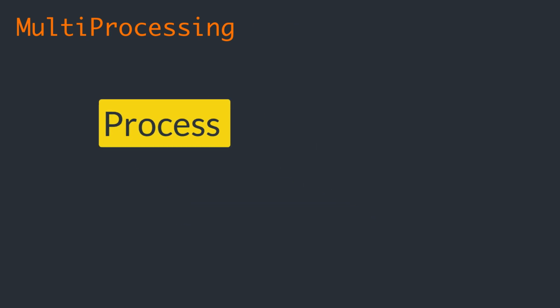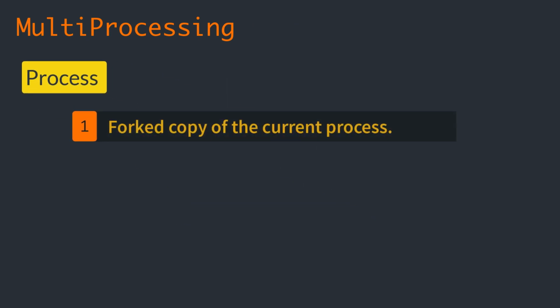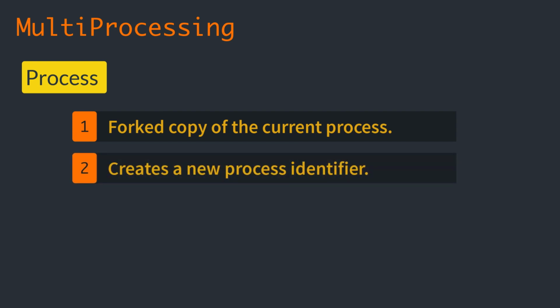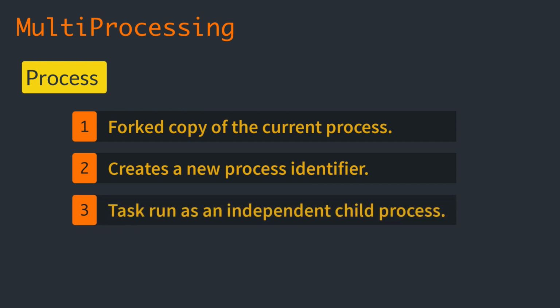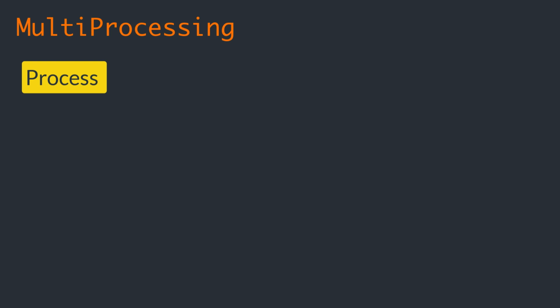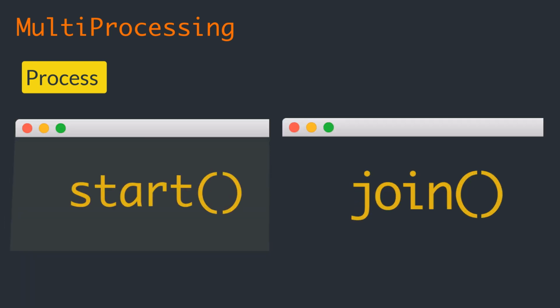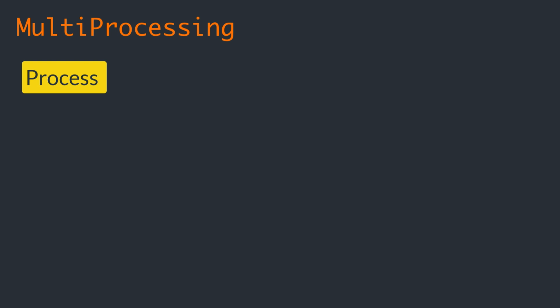The process is the forked copy of the current process. This creates a new process identifier, and the task runs as an independent child process in the operating system. There are 2 important functions belonging to this class, start and join. So let me explain the complete workflow of a process. The very first step is we have to create a process object.